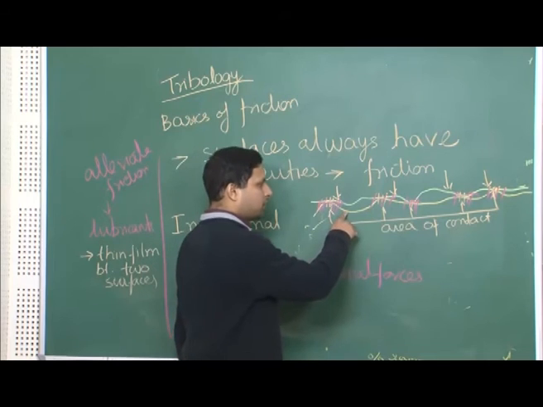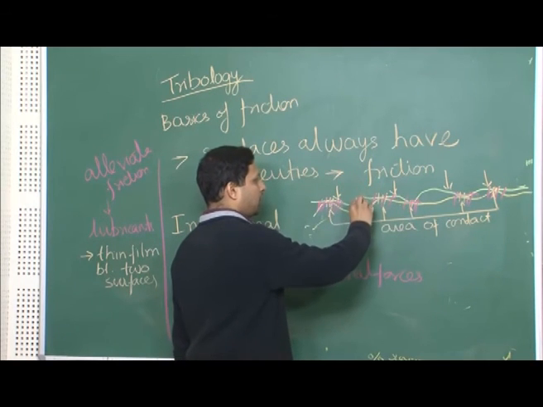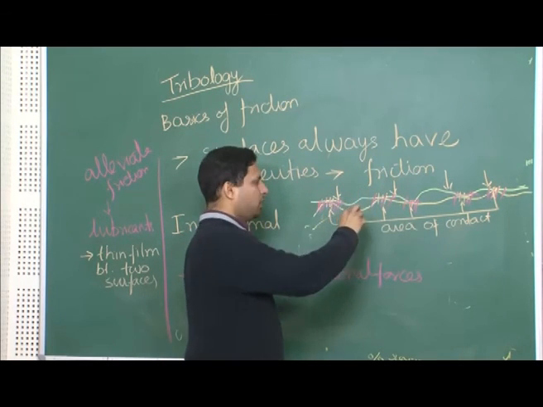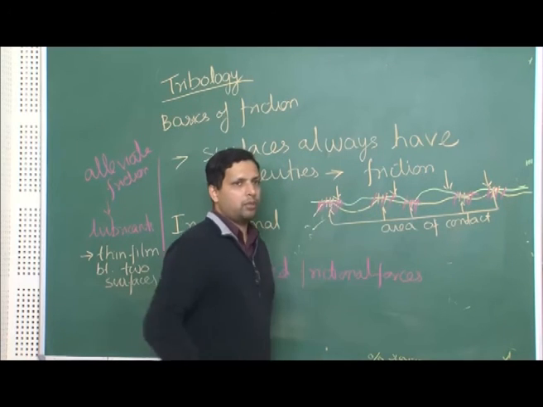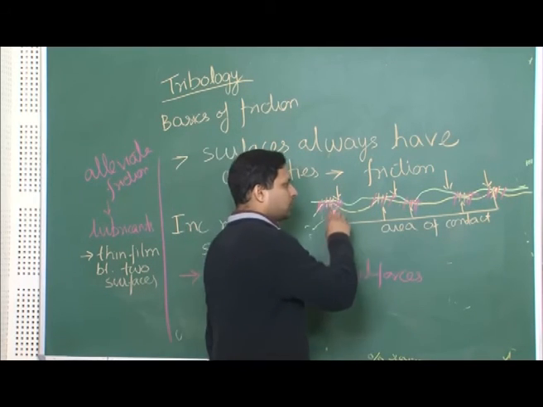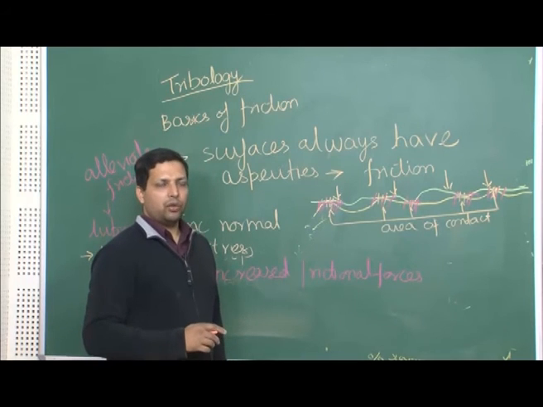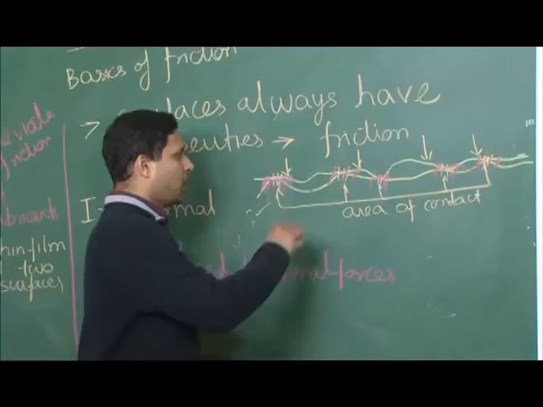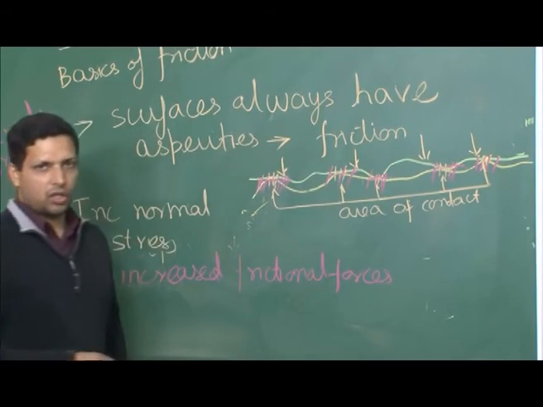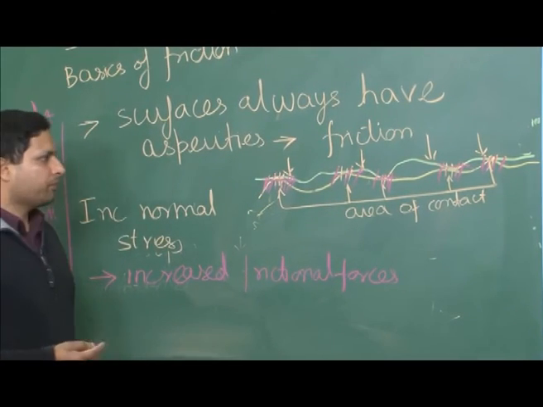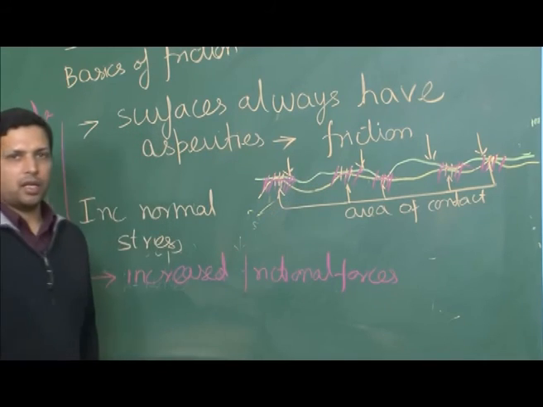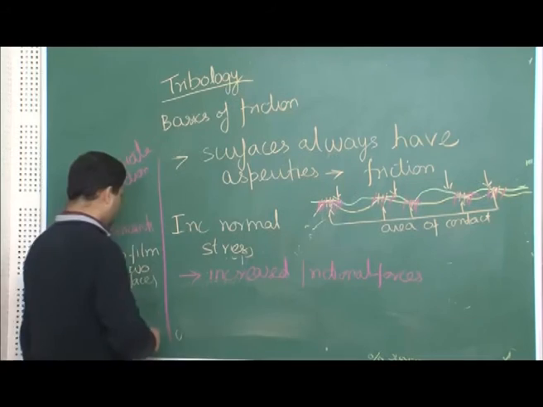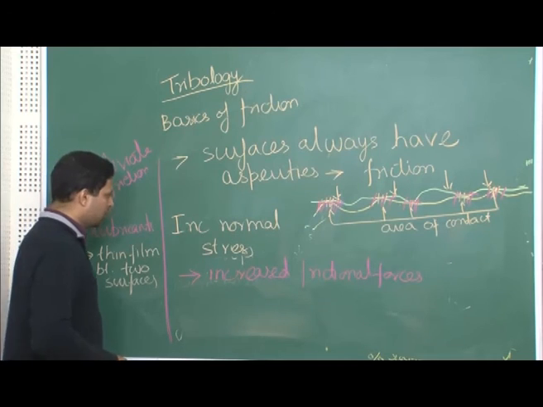There will be some distance between these two surfaces, and a thin liquid film in between. Now, the shearing of liquid we know is very easy, it requires much lower stresses, and therefore the surfaces can shear very easily against the liquid film, and they are not really shearing against each other, and hence we are able to reduce friction.